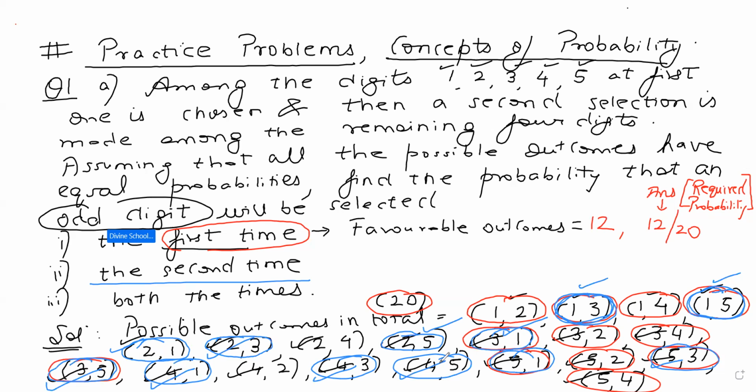Students can also check along with me. We want the second digit to be odd. So 1, 2, 3, up to 12. There are 12. Again, in the second case also, there are 12 favorable outcomes.